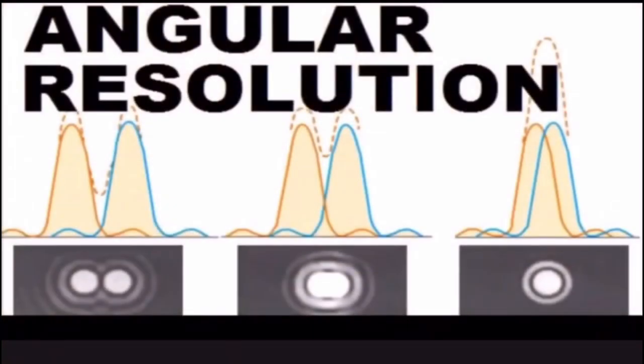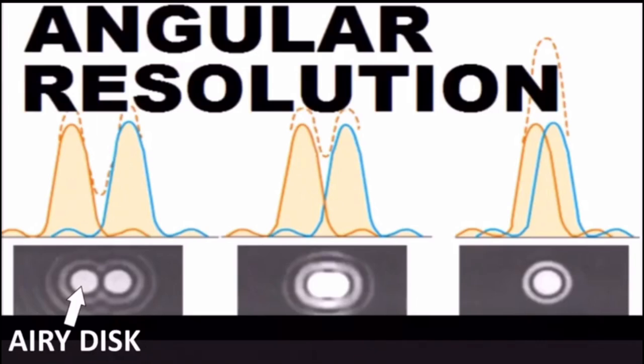Now, what is angular resolution? Well, it all has to do with the way that we view light, whether it be from your eyeball, a camera, or a telescope. In optics, the best focused spot of light that a perfect lens with a circular aperture can make is called the airy disc. Now, as you can see in this left-hand side, there are 2 points of light and 2 airy discs.